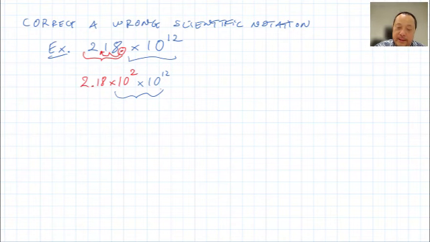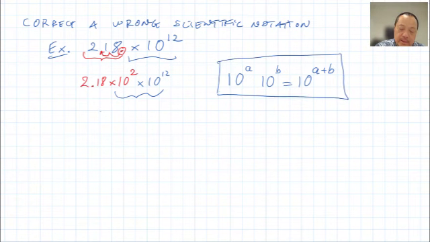And to combine them, I need the rule of exponentials, which says that 10 to the a times 10 to the b is equal to 10 to the power a plus b. When I multiply 2 exponentials of the same base together, I just add the exponents. That makes this 10 to the 14th, and the whole thing is 2.18 times 10 to the 14th.